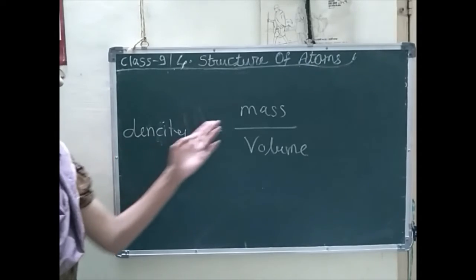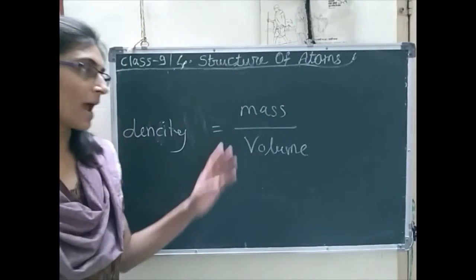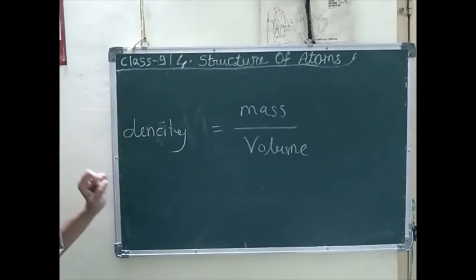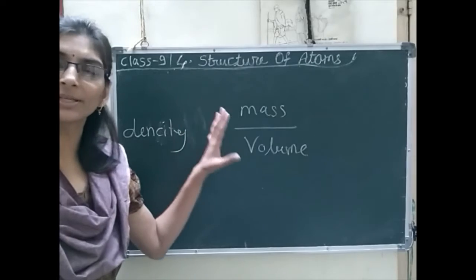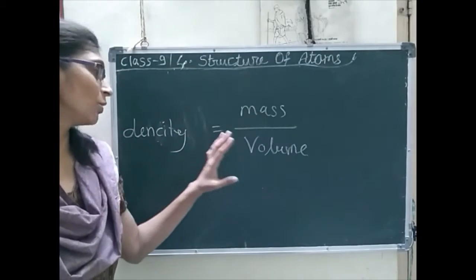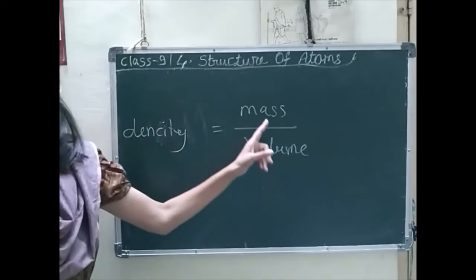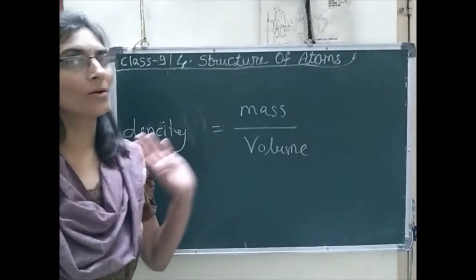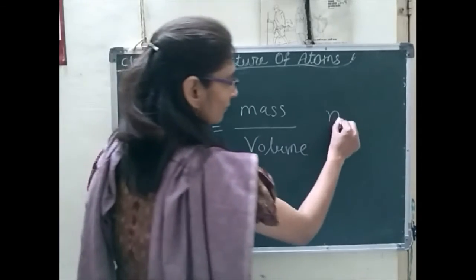डिफरेंट है, because mass of oxygen is different and mass of ozone is also different. That's why density is also different, because density is nothing but mass by volume, m by v.